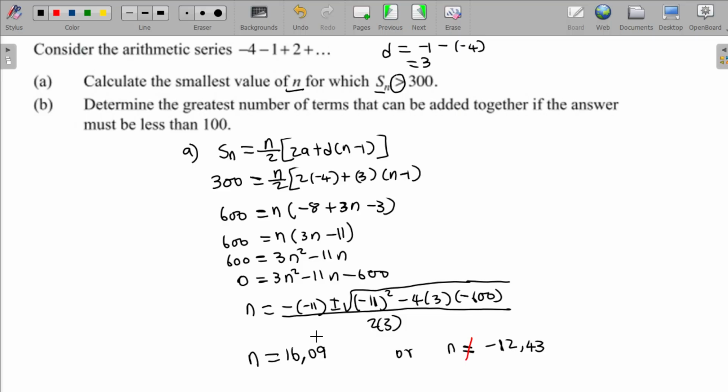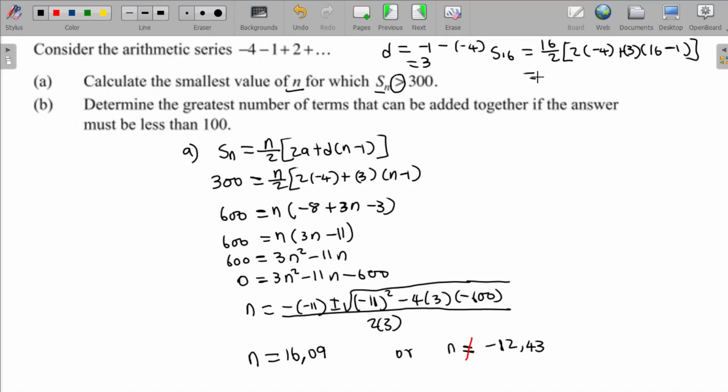Of those two terms, the n needs to be such that when you substitute it here, it gives us a sum that is greater than 300. Now, let's do that. I'm going to write it down here. So the sum of 16 for now: 16 over 2, and then 2 into a, where a is negative 4, and d is 3, and then 16 minus 1.